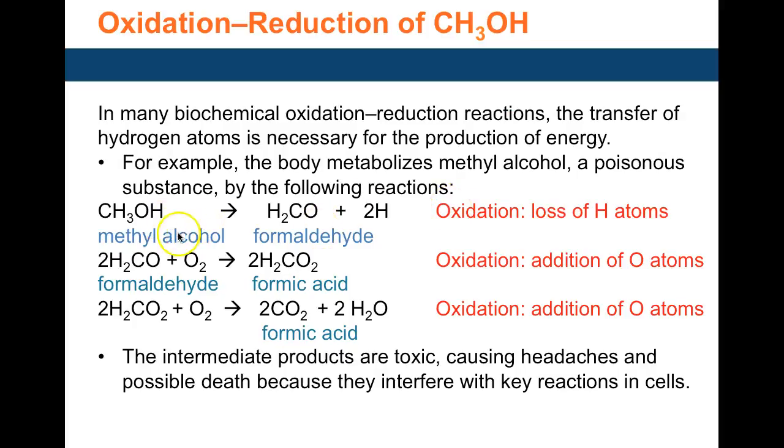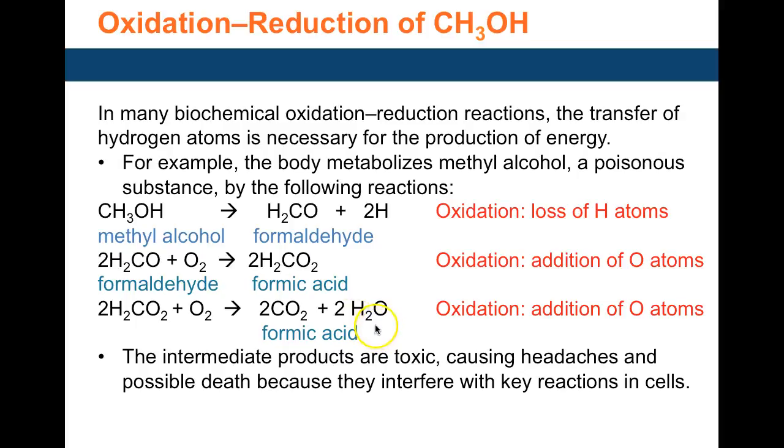So what happens is it starts losing some of its hydrogen, and when that happens, it is getting oxidized to a substance called formaldehyde. Now that formaldehyde is gaining oxygens, which is also an oxidation, and forming formic acid, which is gaining additional oxygens, and then breaking down further into carbon dioxide and water.